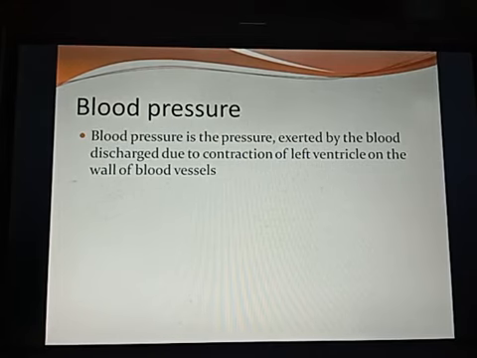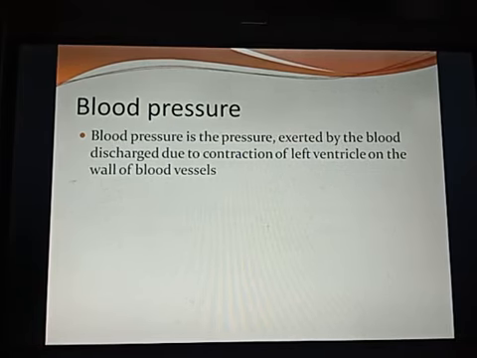When the left ventricle contracts, the blood is discharged into the blood vessels, so a pressure is exerted on the walls of the blood vessels. That is termed blood pressure.